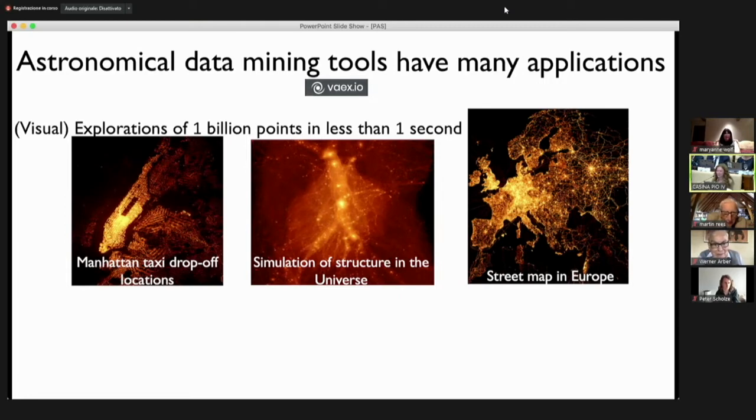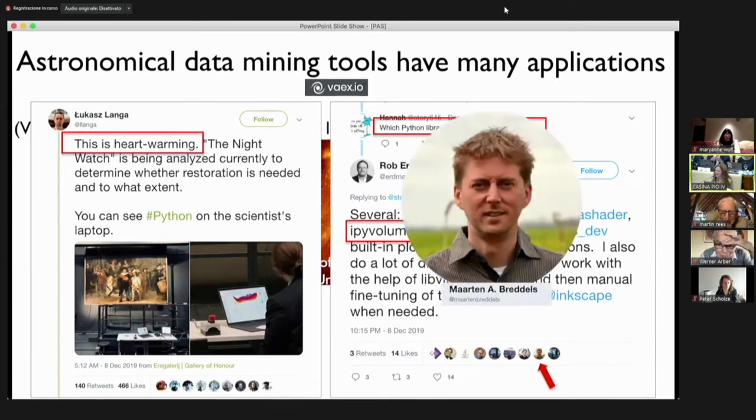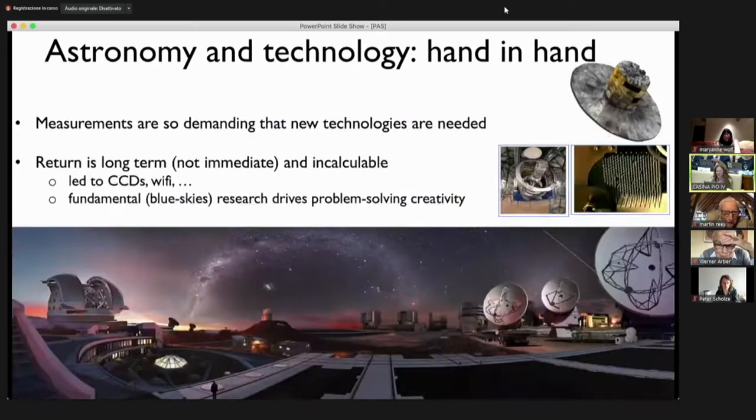If you download this software, you can also play these kinds of games and identify interesting features in the data. But it's also been used for the restoration of one of the most famous Dutch paintings, The Night Watch from Rembrandt. And this is the postdoc that actually developed that amazing package.